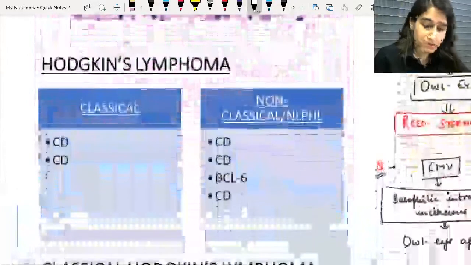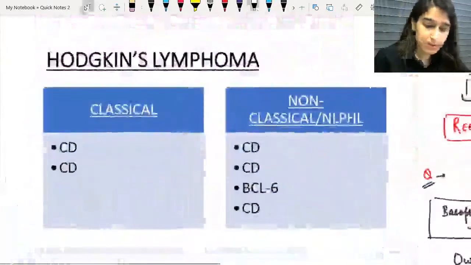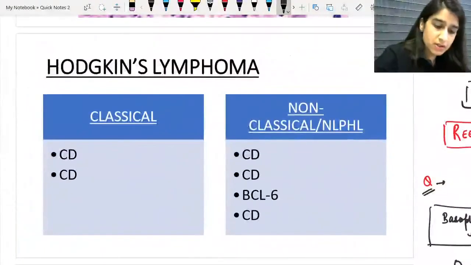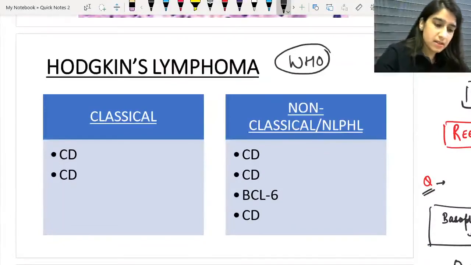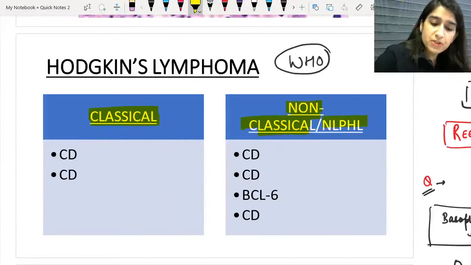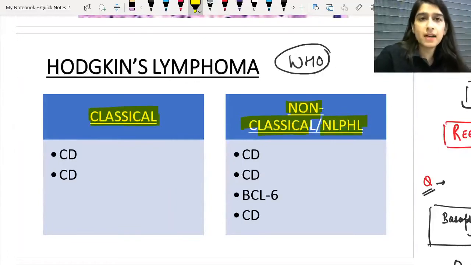Now we move further. According to WHO, Hodgkin's lymphoma has been typed into two categories. One is classical Hodgkin's lymphoma and the other is non-classical, or nodular lymphocyte predominant Hodgkin's lymphoma, that is NLPHL.